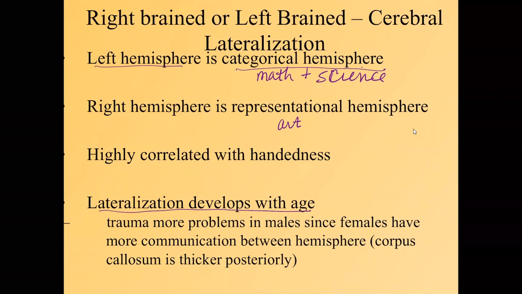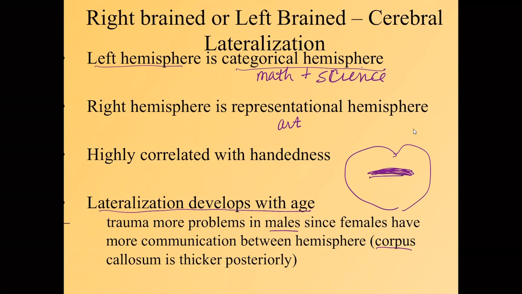So if you're little and there's a problem with the communication between the right and left hemisphere, or something happens to a hemisphere, the other hemisphere will compensate. They say males have more problems if there is trauma, because in females, the part that connects the right and left halves, the corpus callosum, is thicker, is bigger.